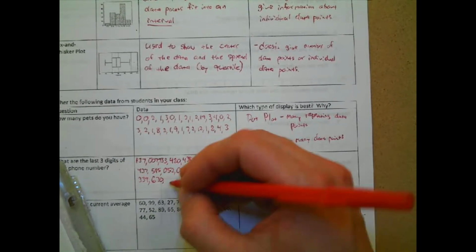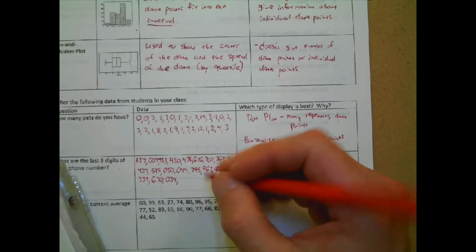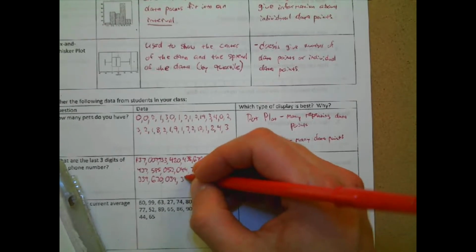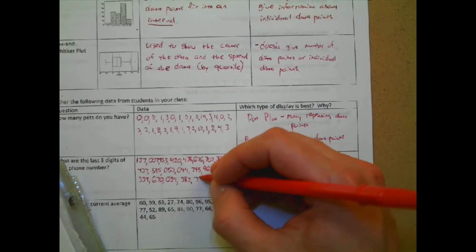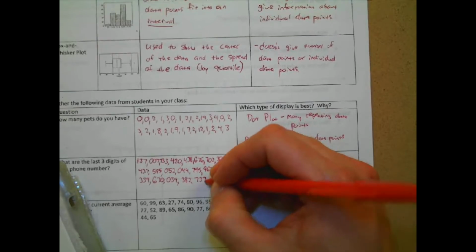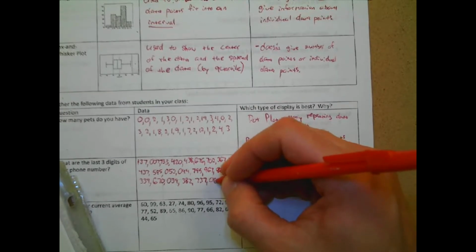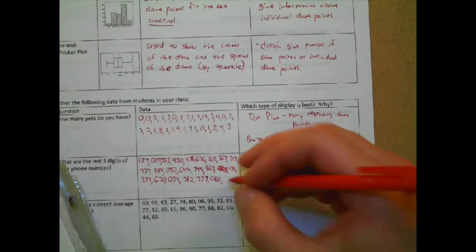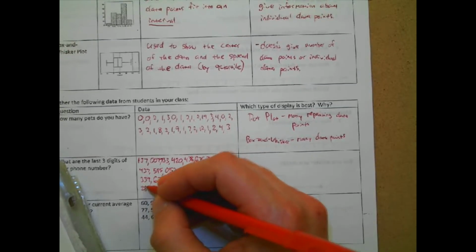Lily? 339. All right. Brady? 670. Okay. Alex? 039. Lauren? 382. Alexia? 737. Kaylee? 060.